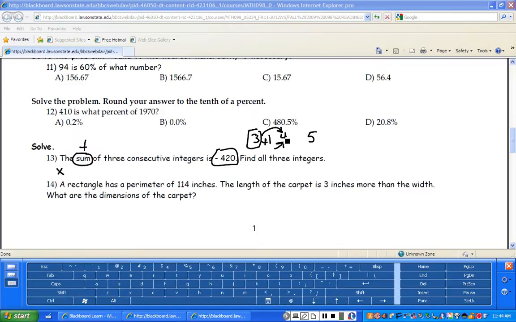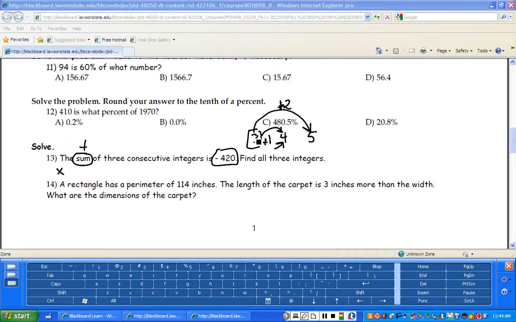Alright, so now I see that 5 is the third number in the sequence. So again, I'm trying to get from my first number to this 5 now. So how would I get from 3 to 5? Well, I get from 3 to 5 by adding 2. So 3 plus 2 is 5.